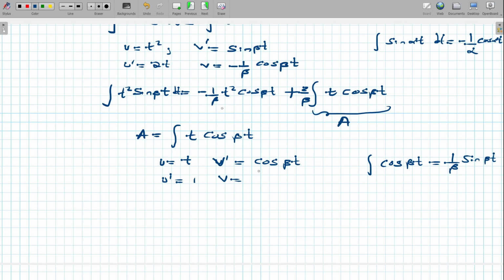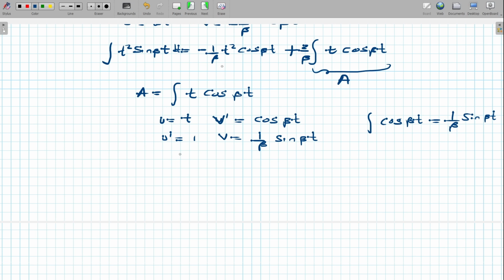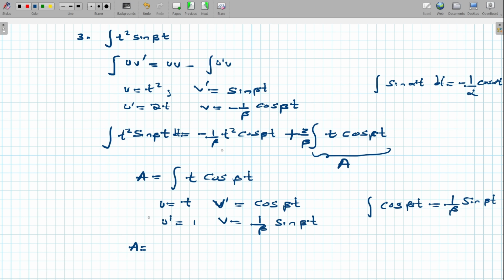So here, if we apply that, v is going to be equal to 1 divided by beta sine beta t like so. All right, so this is what we have. Now let's continue with our calculation. If we inject everything into our formula, we're supposed to get that a is equal to, let me just scroll up and look at the formula, and then let's now inject.